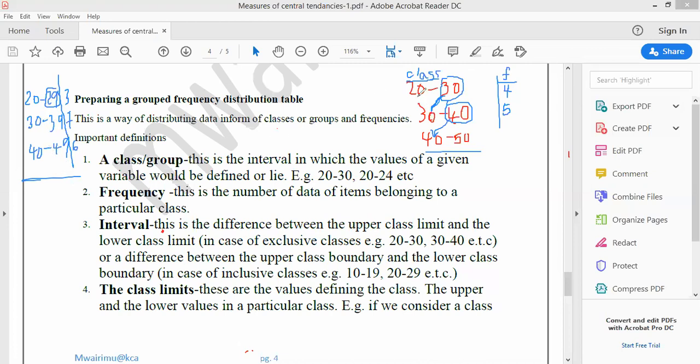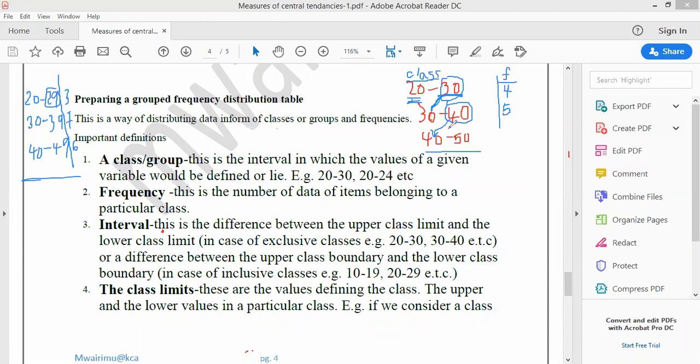Now, in the case of the class limits, you can see these figures which are defining the interval, or rather how wide the class is. The value of 20 in my first class is called the lower limit in the class. The value of 30 in this class is called the upper limit.